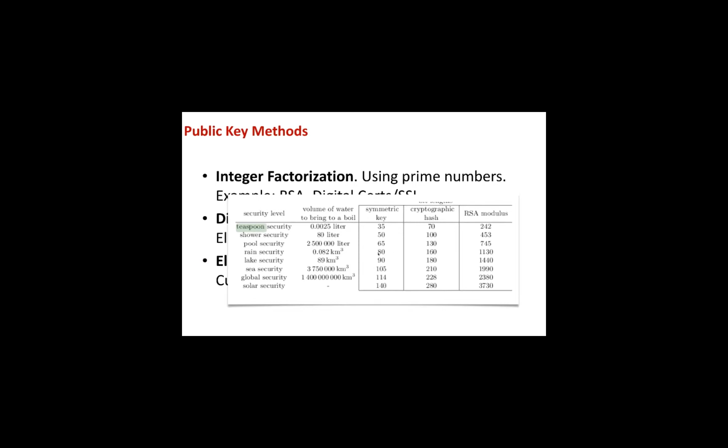We can see that we can go up to around 80 bits, and we have range security, and anything above that needs a massive amount of energy to be able to crack our keys. So roughly we're about here in terms of the internet, about 72 bits symmetric key, 140 bits for our hash, and about 1,000 bits for our RSA. Anything below those values can be seen to be crackable within a reasonable cost.